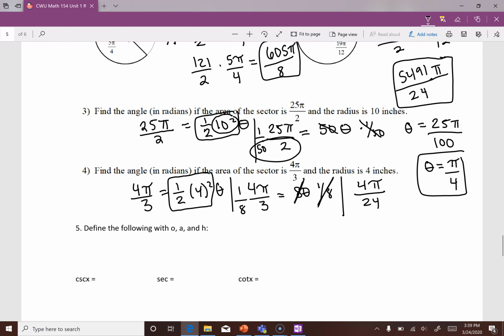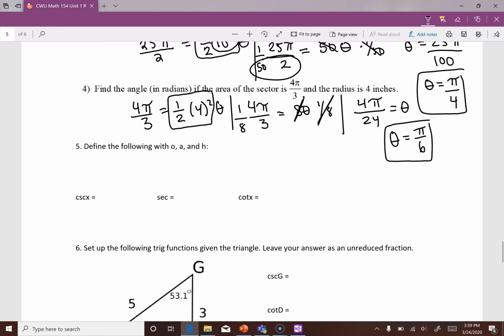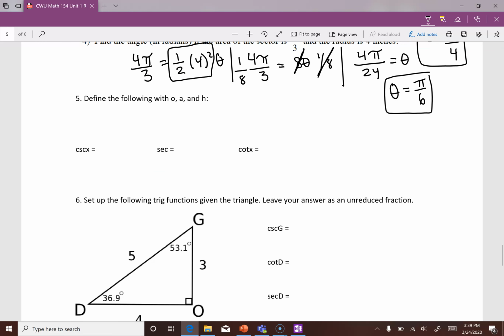That's going to leave me with just theta. And 4 over 24 reduces to 1/6, so theta is equal to pi over 6. If you wanted to, you could throw that into your calculator and do math frac with it.